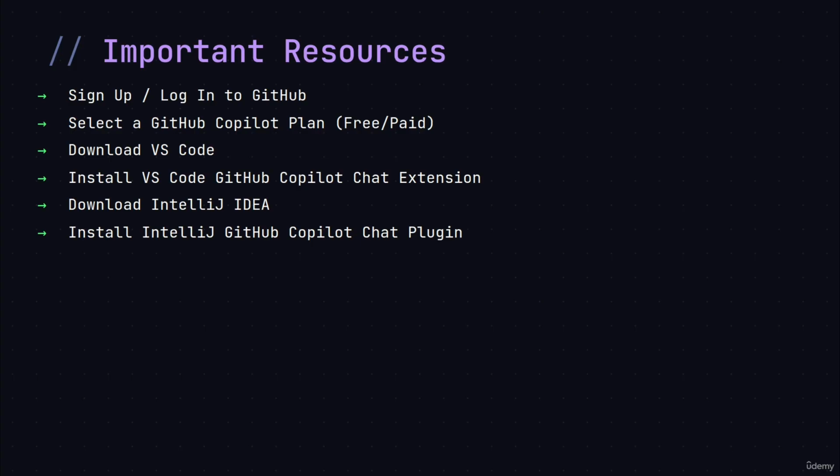And then if you haven't downloaded VS Code and you want to follow along exactly what I'm doing, you can go ahead and download VS Code and then also install the VS Code GitHub Copilot chat extension. If you're going to use IntelliJ IDEA, there's also a link for downloading IntelliJ, and then I've also provided a link to the GitHub Copilot chat plugin for JetBrains IDEs.